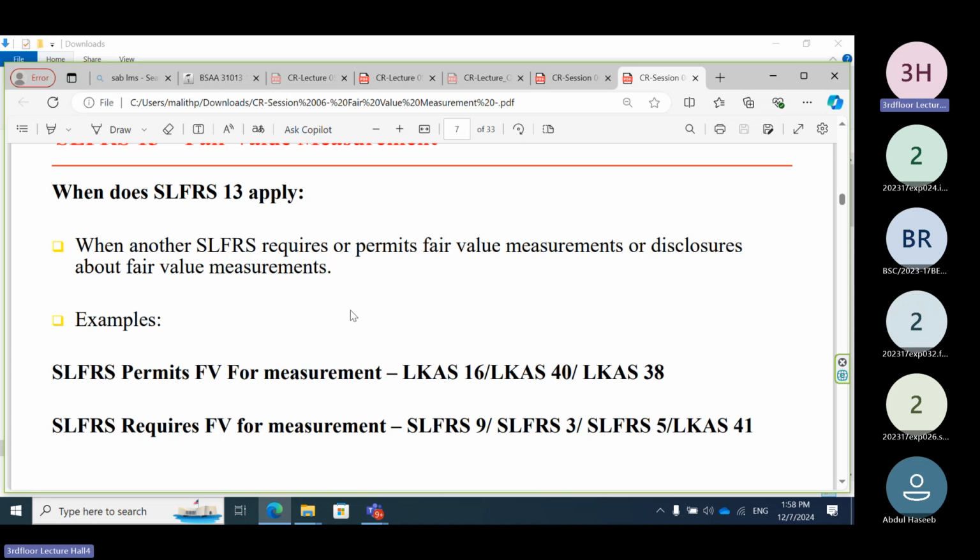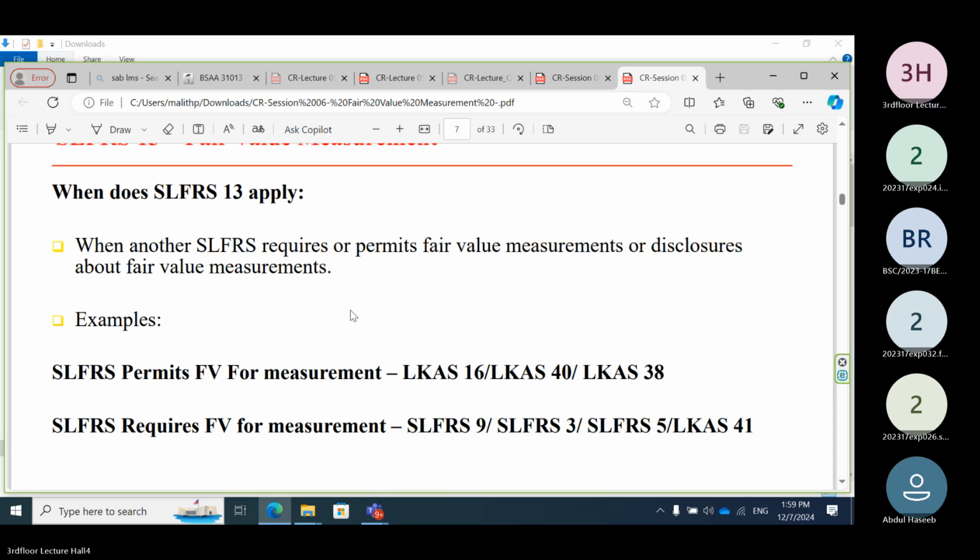But some standards require it; it's a must. You need to do fair valuation as per SLFRS 9, SLFRS 3, SLFRS 5, and LKAS 41. SLFRS 9, what does it say?